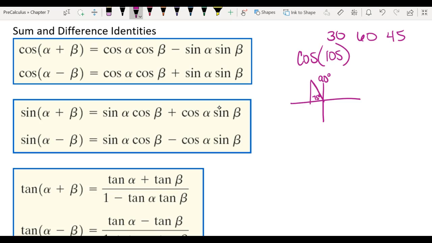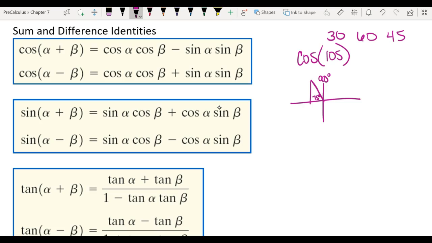So you take the number, you look at these and figure out how I can add or subtract numbers here to get me 105. 60 plus 45 is 105, so I'm looking at the cosine of 60 plus 45. So then for my alphas over here, it'd be cosine of 60 times cosine of 45, because that's 60 and 45, minus sine of 60 times sine of 45.